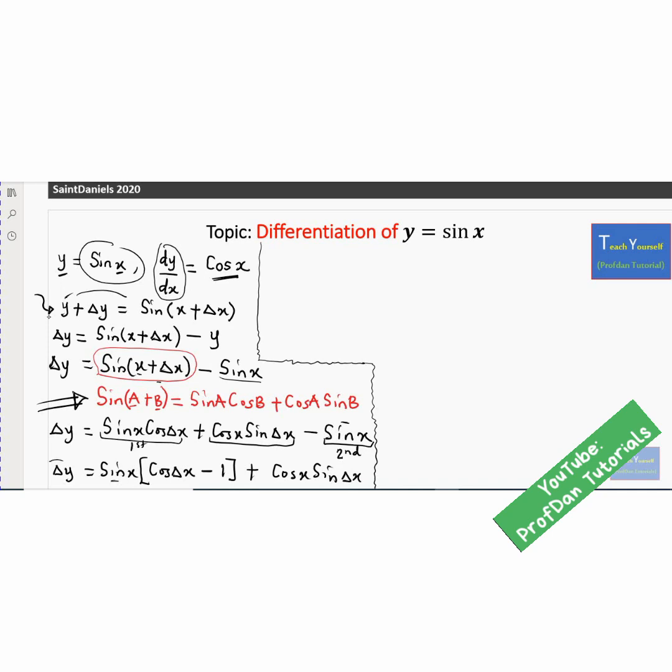So now we have our delta y, and we can divide both sides by delta x, which becomes delta y over delta x equals the expression.